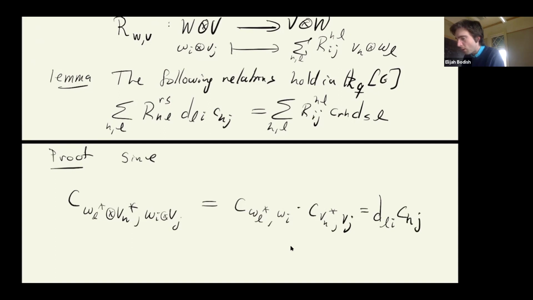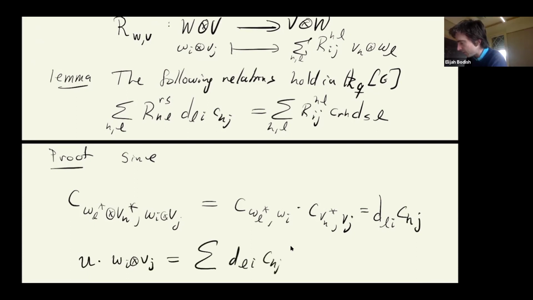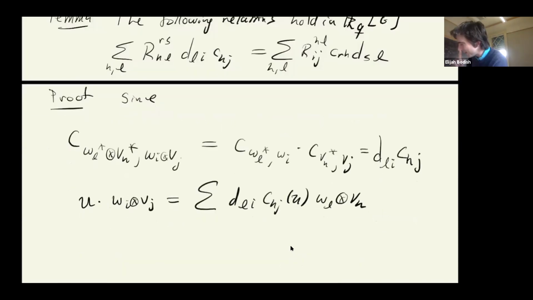So from this equality, if you observe that U acting on W_i tensor V_j, this equality tells us that this is equal to D_Li C_Hj of U, W_L tensor V_H. So I'm just expanding out the action of my element u by using these matrix coefficients to read off those terms, summing over h and l.